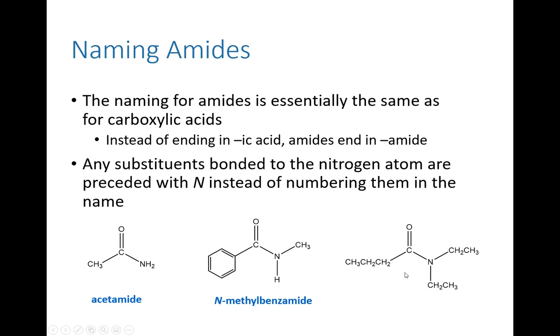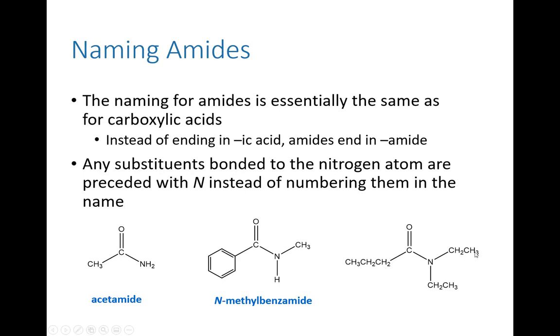Okay, let us look at this final compound here. Again, if we think of this as being like a carboxylic acid with an OH right there, that would have been 1, 2, 3, 4 carbons. That would have been butane or butanoic acid. So it's going to end in butanamide.